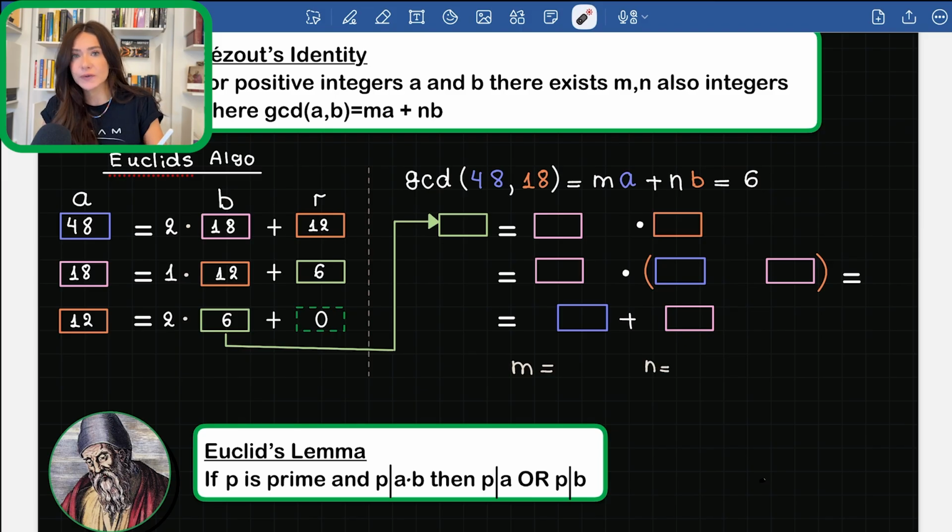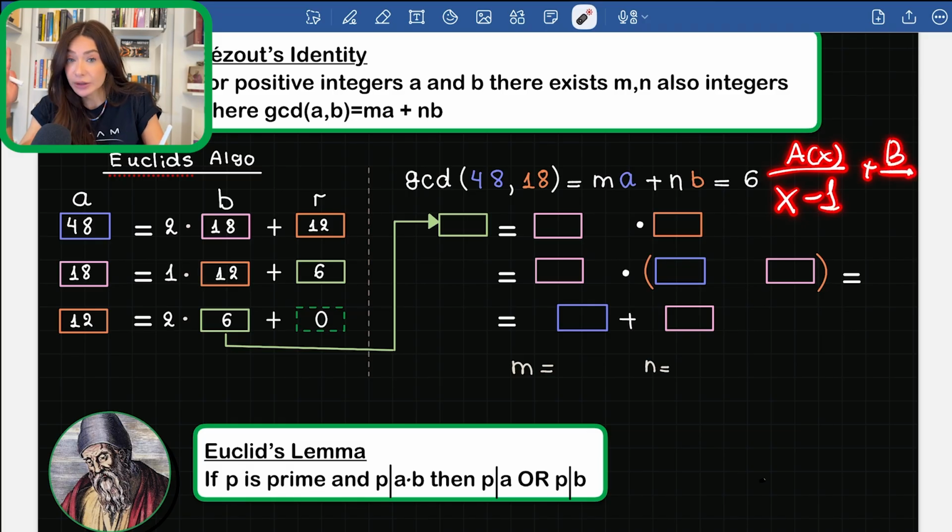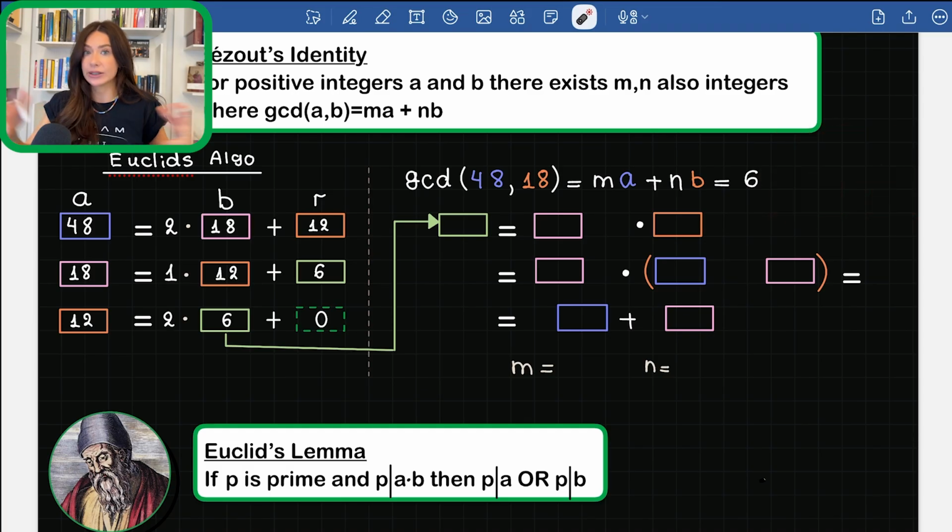And in partial fraction decomposition, when you are sure that such an a(x) divided by some expression, times some b(x) that you're looking for, let's say x plus 2, exist and the task is just to find it, you're sure because of Bézout's identity. That assurance comes from this, that there must exist such a function that when you multiply them, you will get the greatest common divisor. So these would be polynomials. Here, it works for numbers as well.